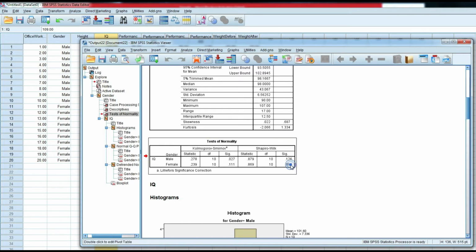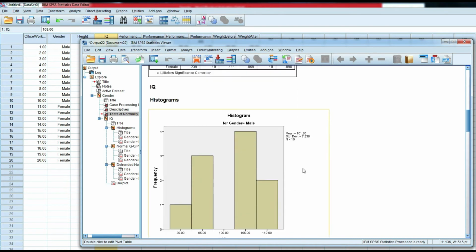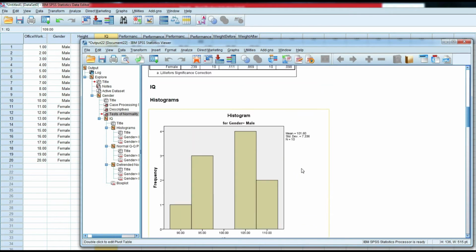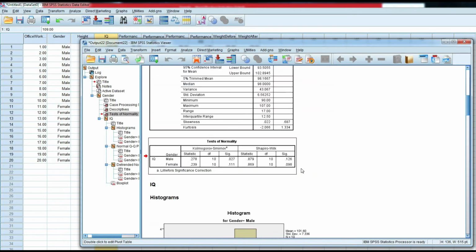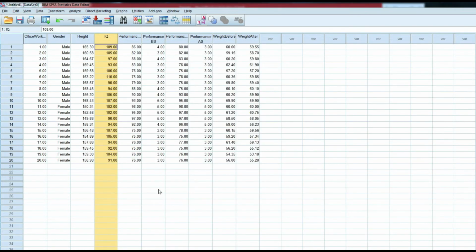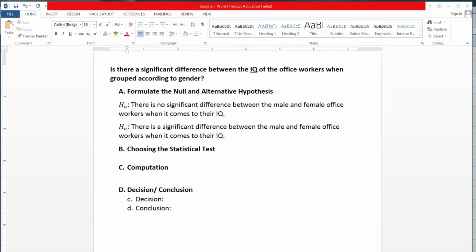Therefore, our data is normally distributed. And this is the histogram. Since we have shown that our data is normally distributed, the test that we are going to use is the parametric test. And the parametric test for two independent samples is what we call the two-sample t-test.